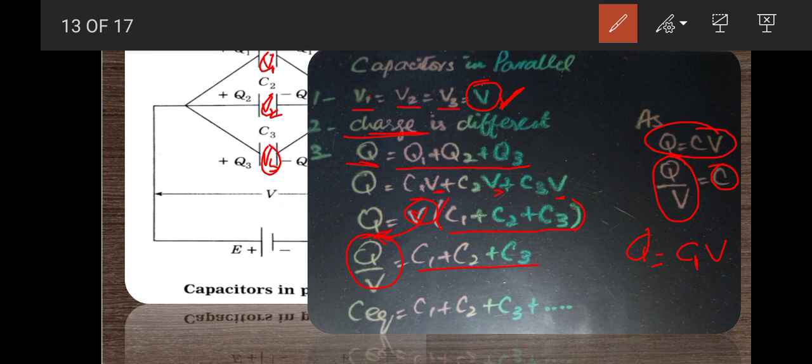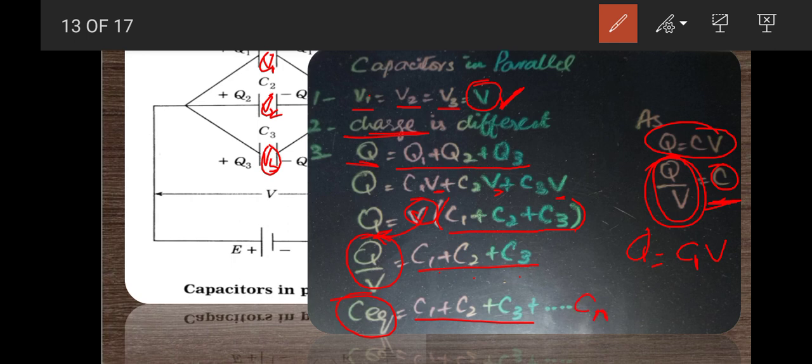Here it is. And Q by V will be equal to C, as you have used the formula. This is for C equivalent. As in this circuit you can see only 3 capacitors, so here are C1 plus C2 plus C3, and if n number of capacitors are used, n can be any number, so we will use up to Cn.